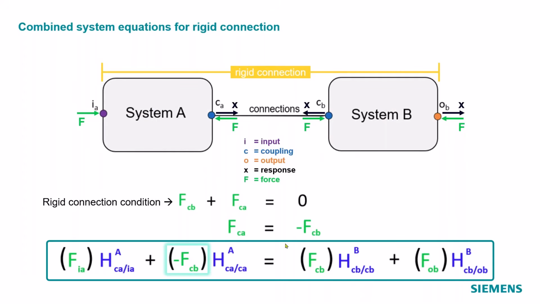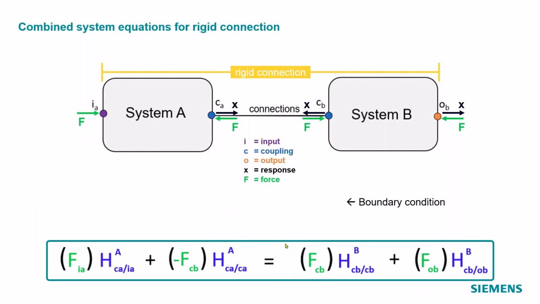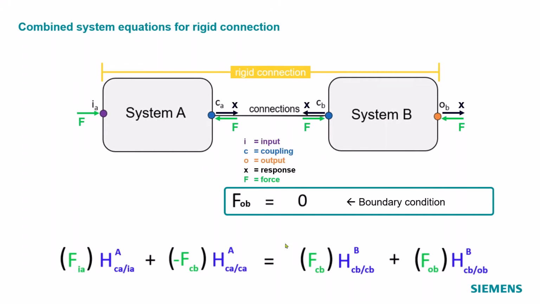I'm going to do some further work here, but I'm going to add one more boundary condition in here to help us simplify this a little bit more. And the boundary condition for our example here is that there is no force coming in to the output on System B. We said this orange response point on the output is a driver's ear microphone.